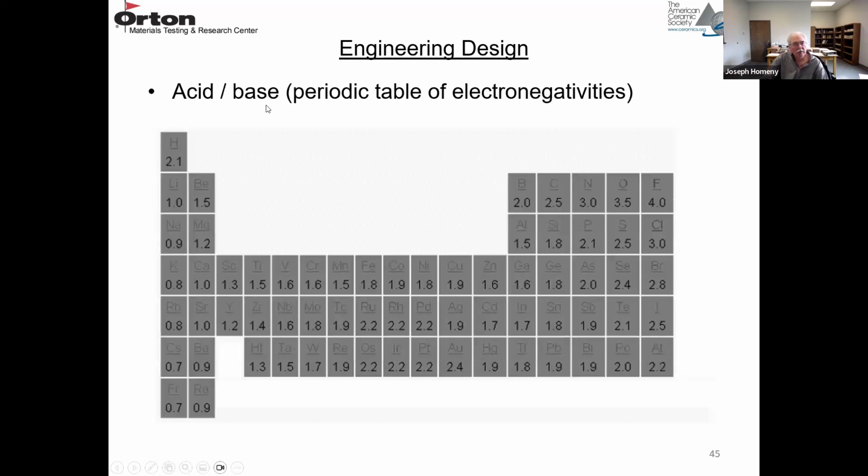So acid base reactions, this is a periodic table, and it shows the electronegativities of all the different elements. So fluorine is 4, that's the highest. Oxygen and chlorine are also high, 3.5 and 3. So these have the highest affinity to attract electrons. Na is only 0.9, K is 0.8. So these are the lowest electronegativity values.